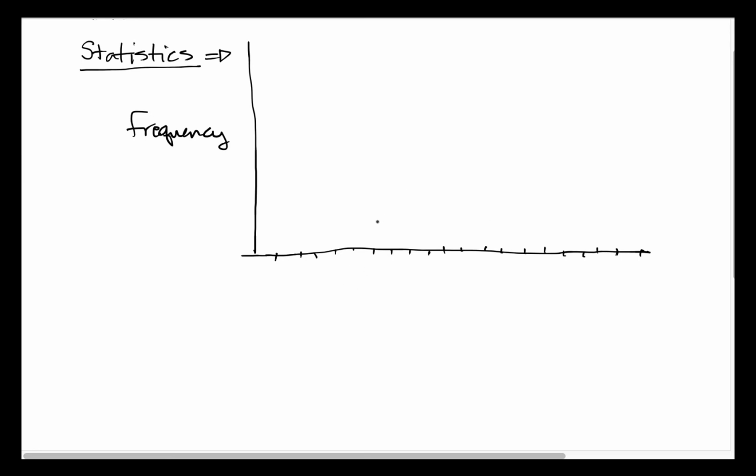And so when I'm looking at the masses, I'm going to have a little bit of spread in the masses of a bunch of different pennies. And so what we find, though, is that many of them are the same value, and then the frequency with which we find some of the other values goes down as we go further away from the most common number. Okay, so this is our most common measurement.